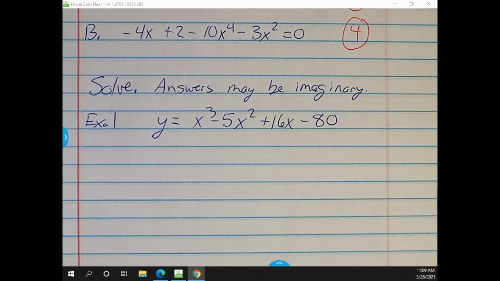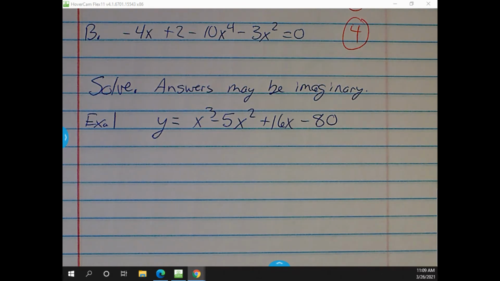All right, so let's go with y equals x to the 3rd minus 5x squared plus 16x minus 80. And the very first thing I still want you to do, if you're solving any of these problems, is this: they kind of just open the doors up. Any way you can get there, you can do this.